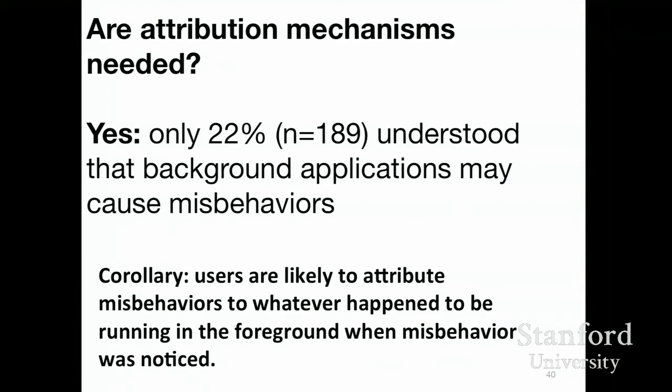The corollary to this is that the vast majority of users, when something misbehaves on their phone, simply blame whichever app happened to be running in the foreground that they could actually see, which is probably likely to be incorrect. They don't blame the OS?